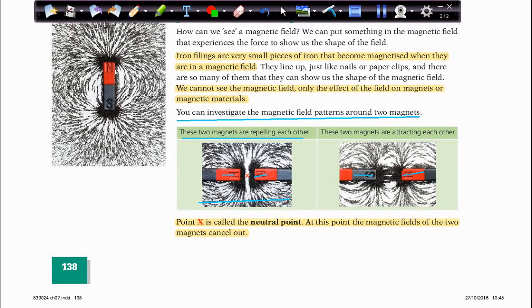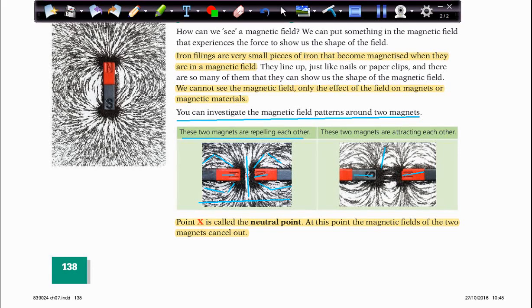How did we know this? Because there is an empty area here, and the magnetic field is going this way, and here like this, and here like this. And in this picture, these two magnets are attracting each other. How did we know this?